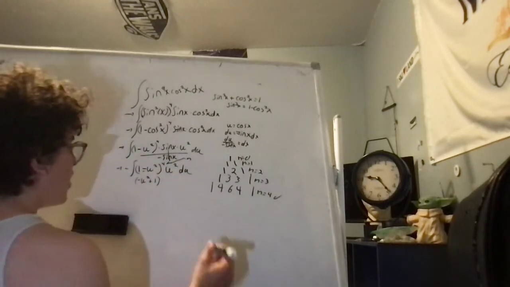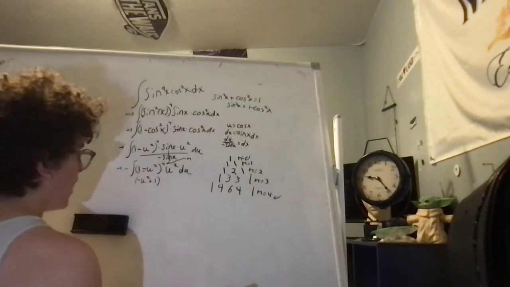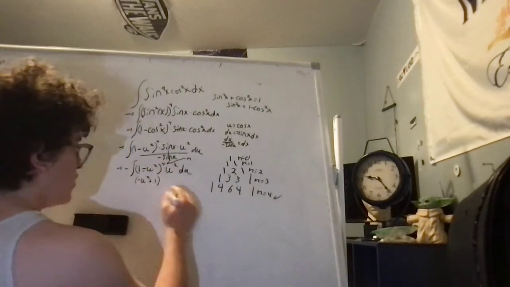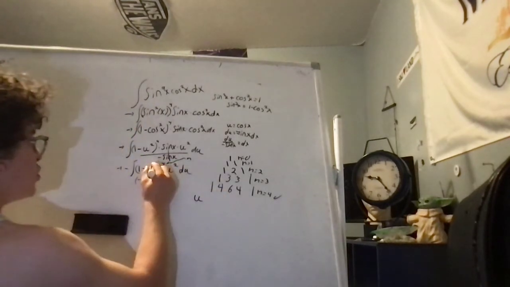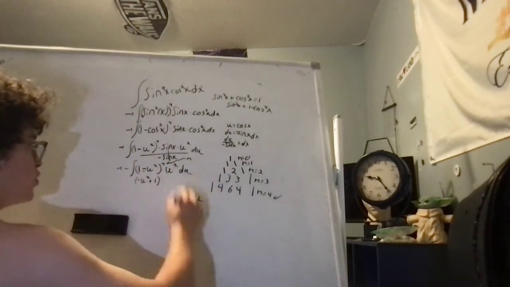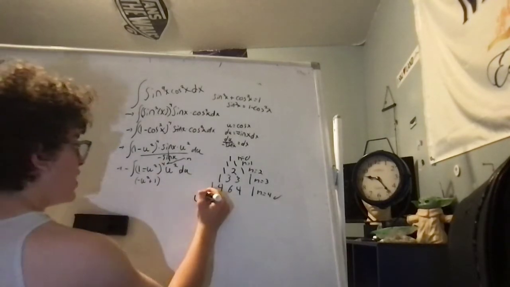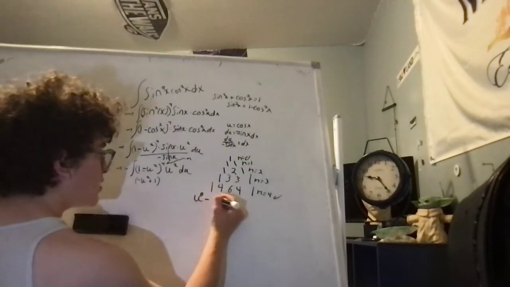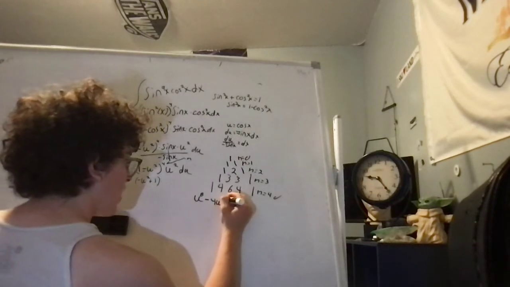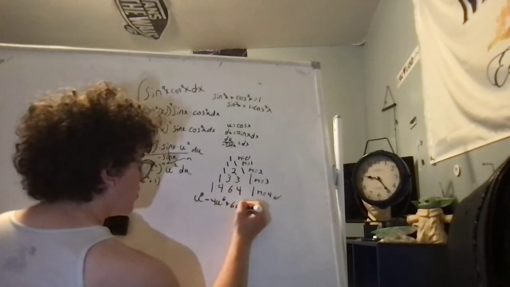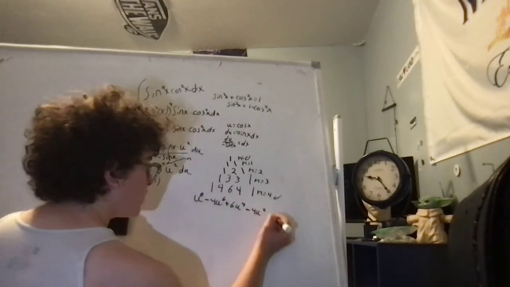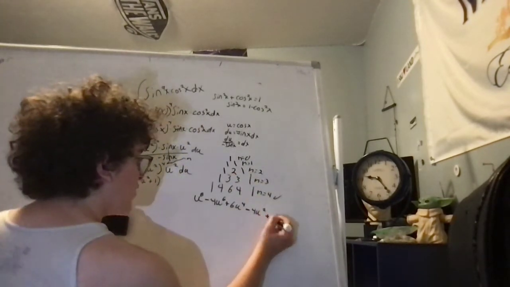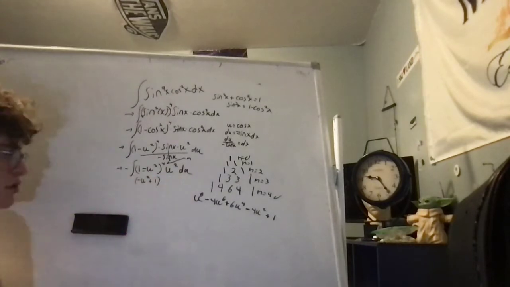So we have u, with a coefficient of 1, and if we're multiplying 2 four times out, we're going to have u to the 8th minus 4u to the 6th plus 6u to the 4th minus 4u squared plus 1. Obviously, we can see that. And so now we have this, right?